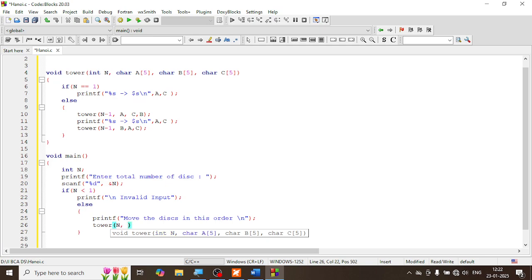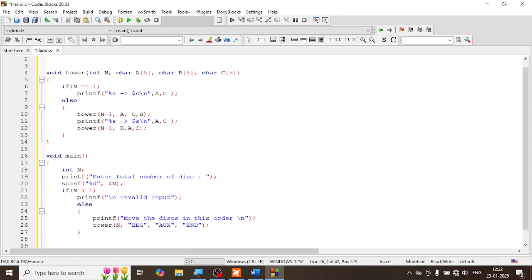You can do anything. You can make it as a, b, and c. If your examiner says that no, you should write like this, if they say you start with beginning, auxiliary, end, it is up to you.